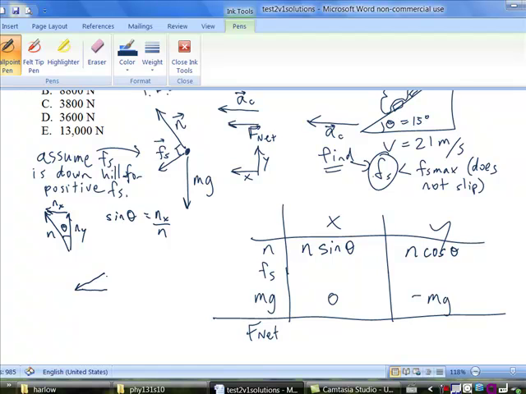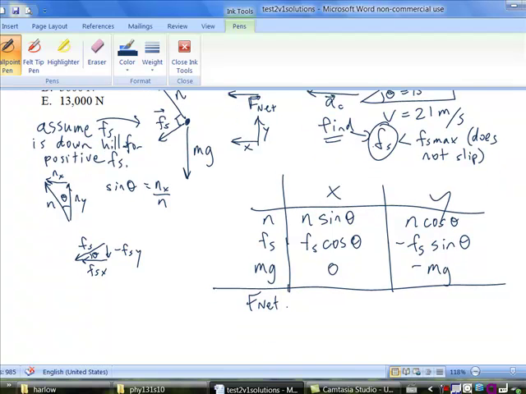So there's positive F sub s x and negative F sub s in the y direction. Here's F sub s. So the x direction will be F sub s, an unknown, and here's our little theta. So there's going to be a cosine, I think, of theta. You can check my trig if you want. And then the y component will be negative F sub s, our unknown, times sine of theta.